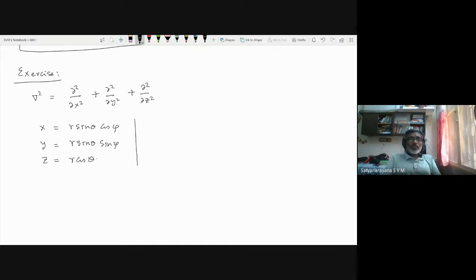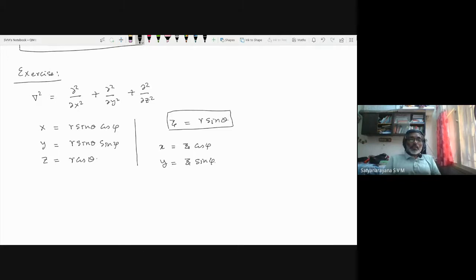Now let us consider some xi is equal to r sin theta. Xi is equal to r sin theta. Then you know x is equal to xi cos phi and y is equal to xi sin phi.